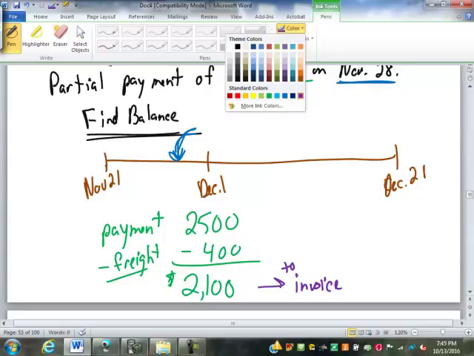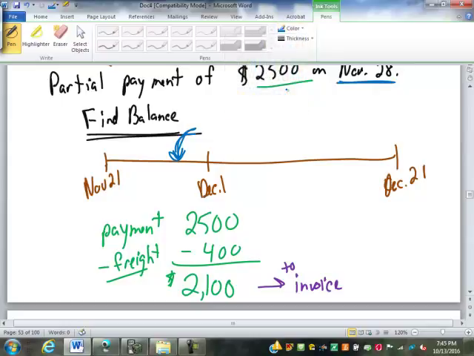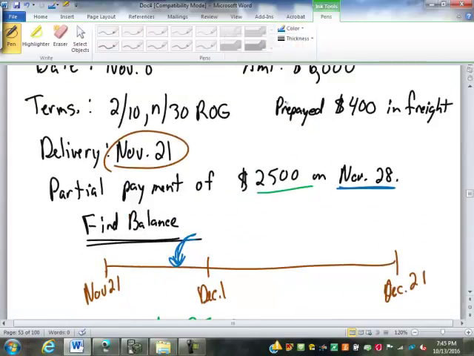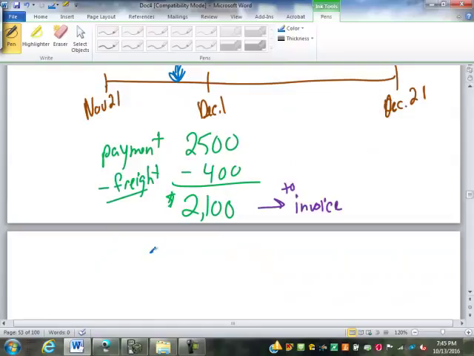Now what do we do with the $2,100? It's 2%, so divided by 0.98. So 2,100 divided by 0.98 is 2,142.84. Is that correct? 86? Yeah, I rounded off one. Okay, 2,142.86. That is our credit.